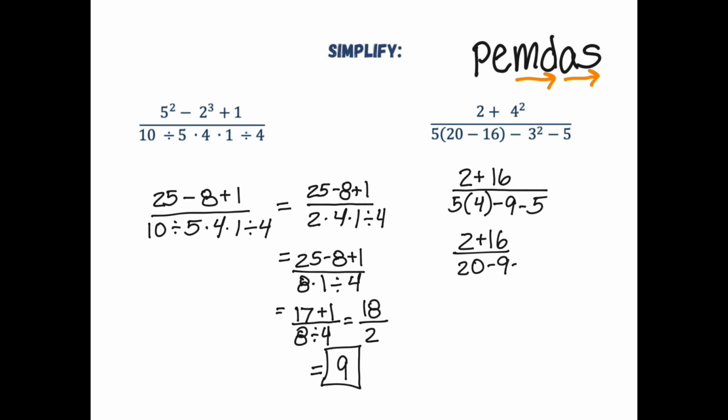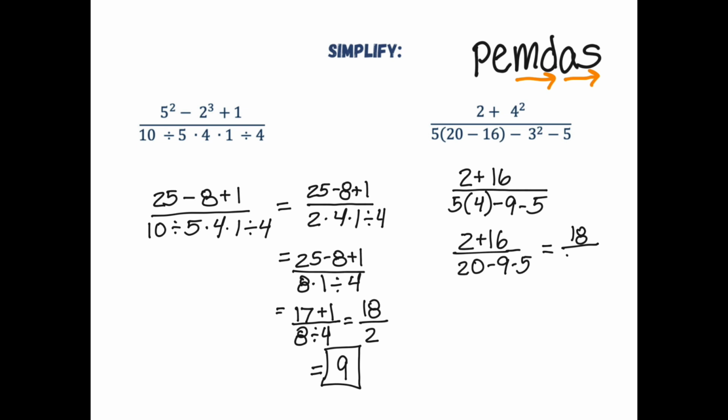Now, noticing that those are both subtraction, I already want to remind myself that I need to go left to right when I'm simplifying the bottom now. So 2 plus 16, I can evaluate that. That's 18. Then I'm going to go left to right. 20 minus 9. When I subtract those numbers, because with subtraction, order does matter.